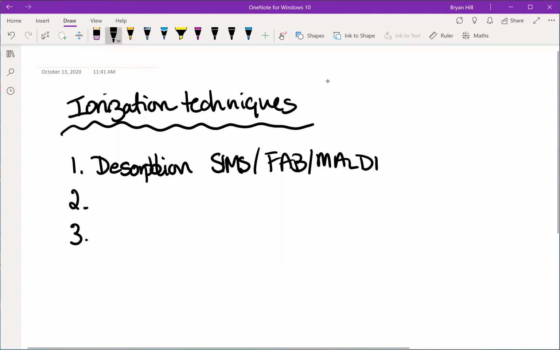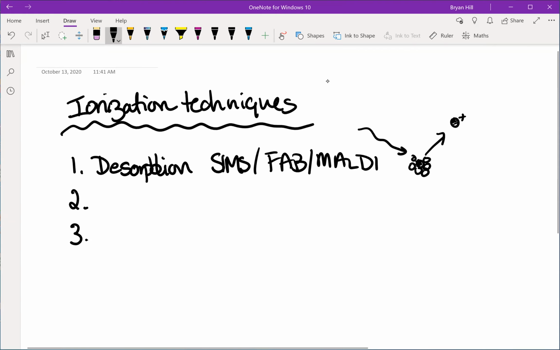So in this one, your sample would be in a matrix of some type, and you would hit it with your laser, and then the ejected matrix would transfer charge to your sample.